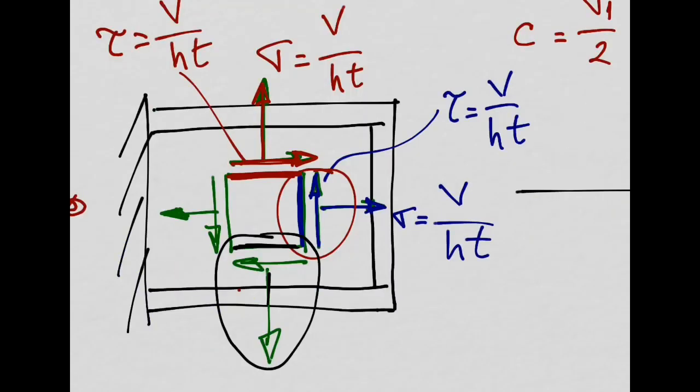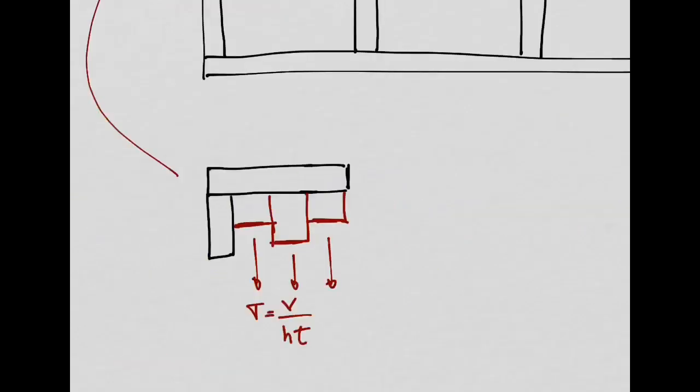And also with a shear stress which is going to be equal to V over HT, but that shear stress we are not going to bother too much with, because we are going to do the equilibrium in the vertical direction.